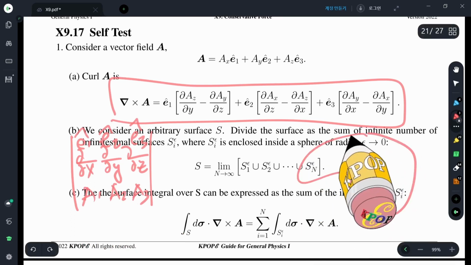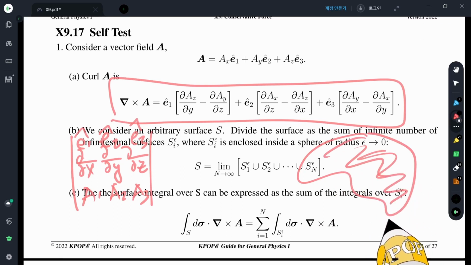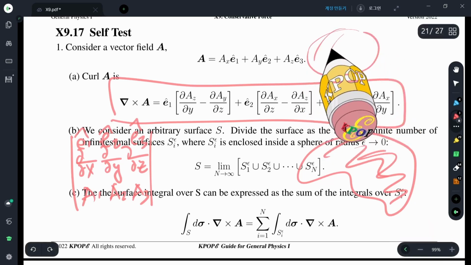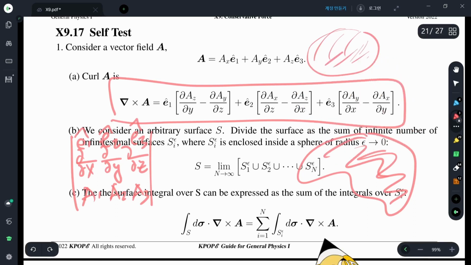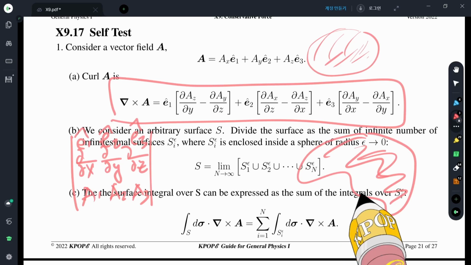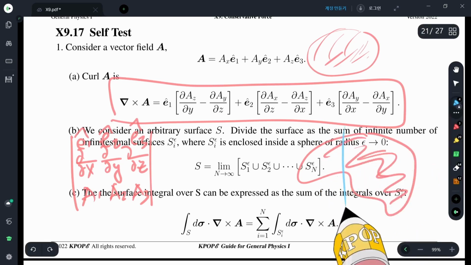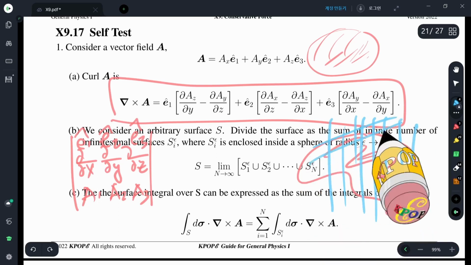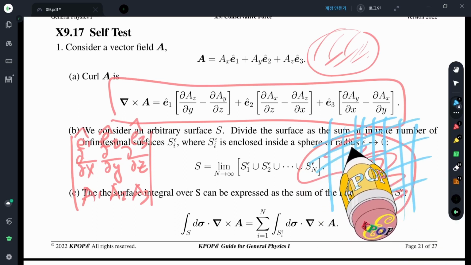Consider a surface integral. This surface does not have to be on the xy plane. It is, for example, a curved surface. That's fine. So what we'd like to do is just divide this into many small pieces in the xyz space. In that case, the surface becomes a combination.